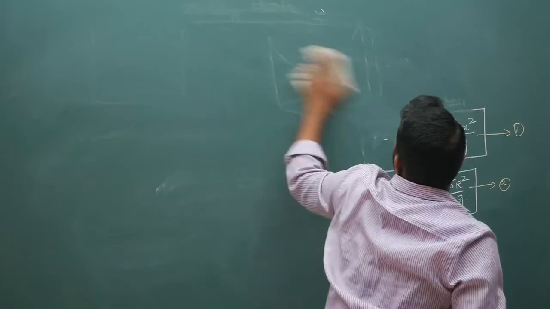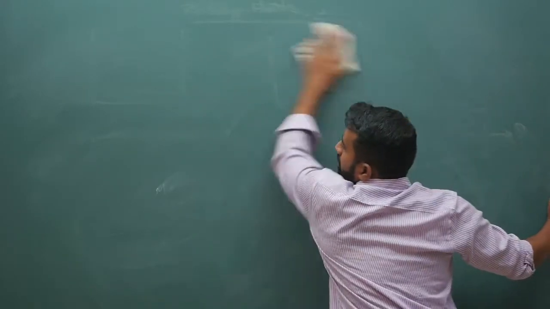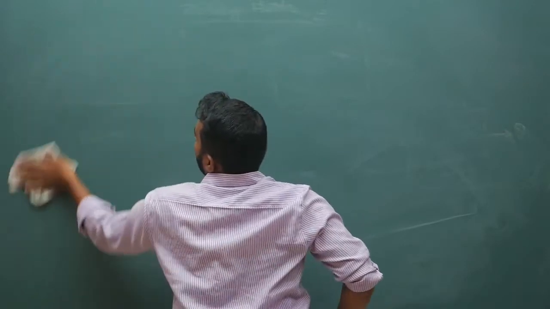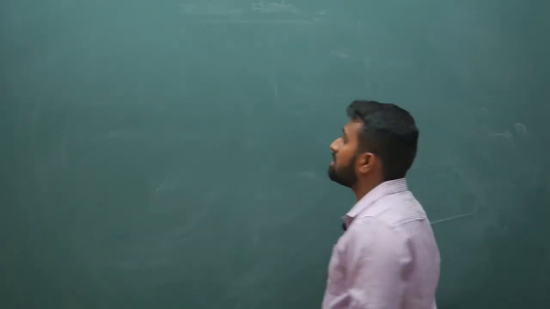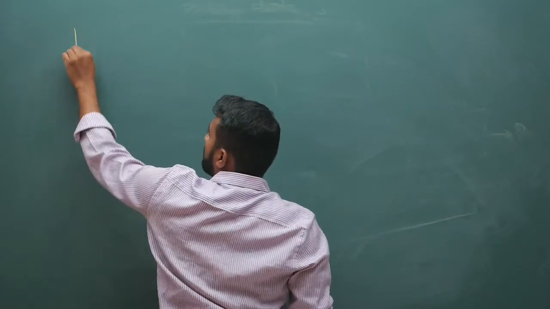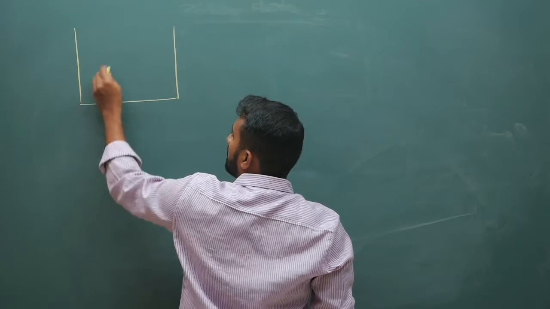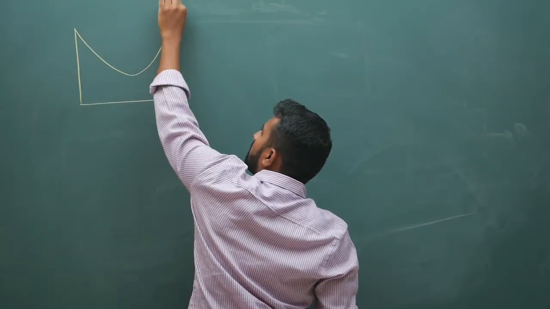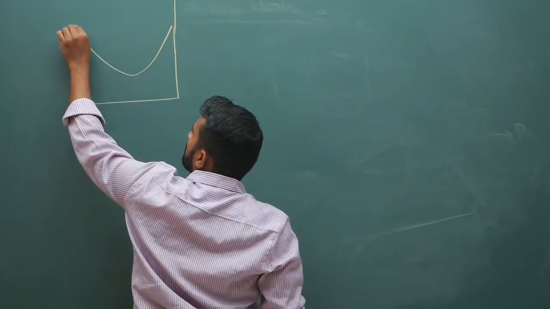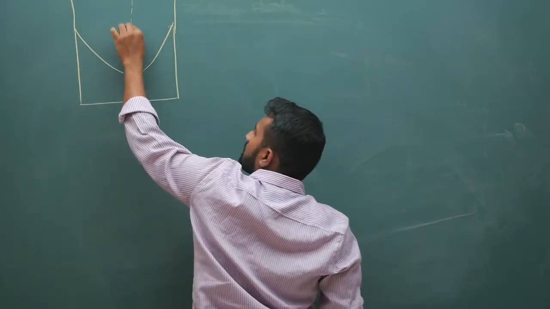Next is your calculation of volume of paraboloid. Because of the rotation of the liquid, inside the container your liquid is taking this shape. Your container is much bigger.